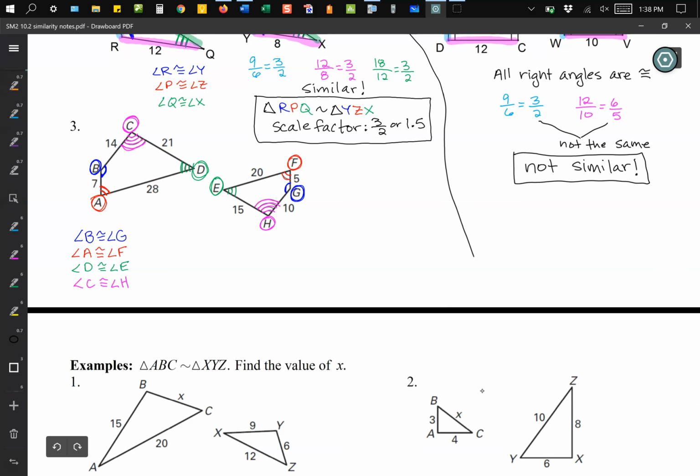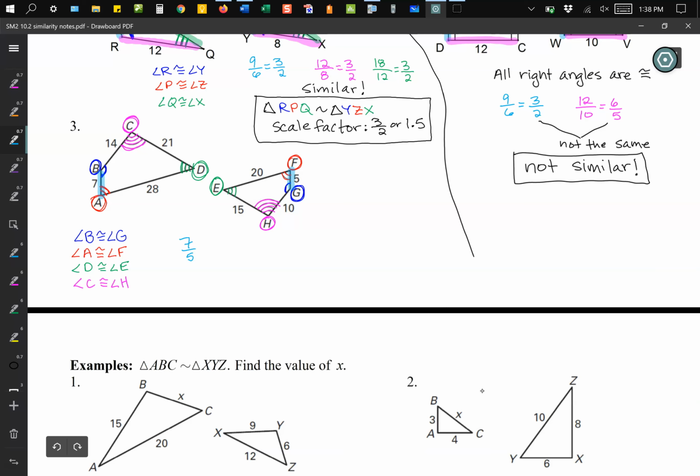And I can also get an idea of the sides. So I'm not going to highlight the sides, I'm just going to kind of look at it here. I will highlight the sides. So I've got the shortest side, 7, over the shortest side, 5.